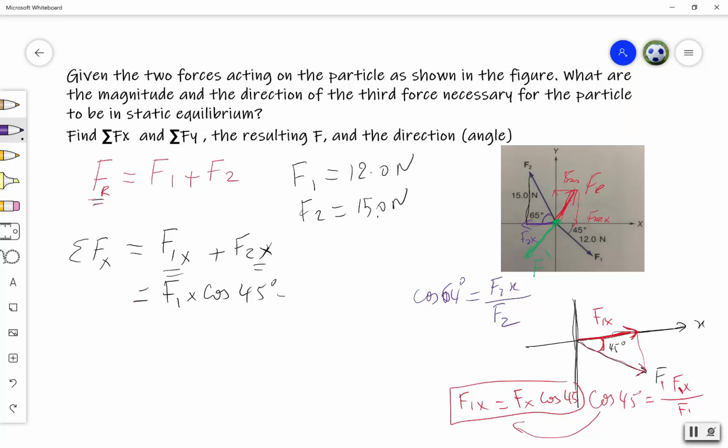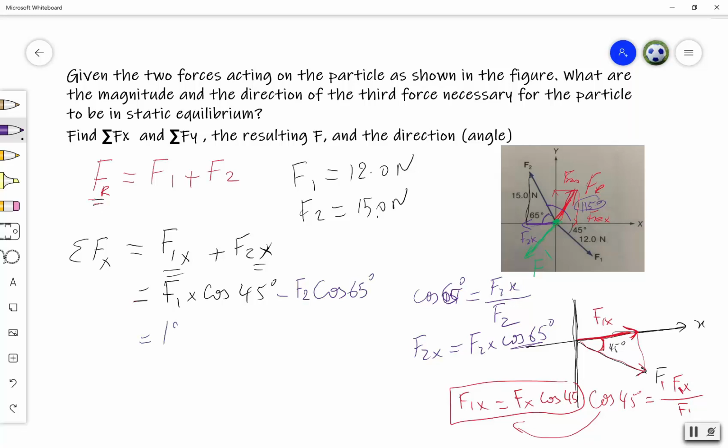So F2x equals F2 times cosine 65 degrees, 65, I don't know why I put 64, and we put a minus sign for the direction: minus F2 times cosine 65 degrees.